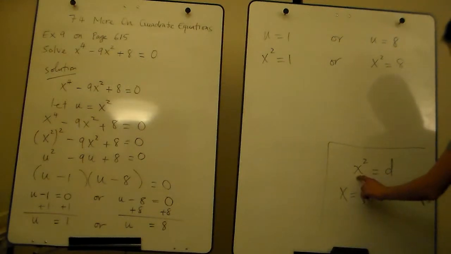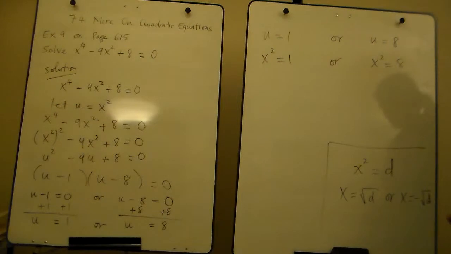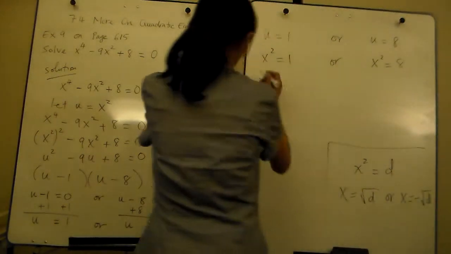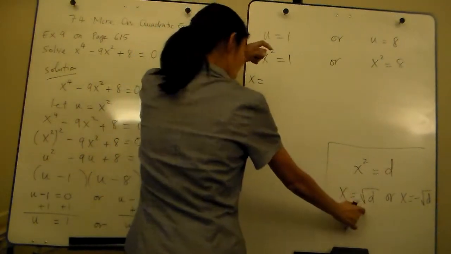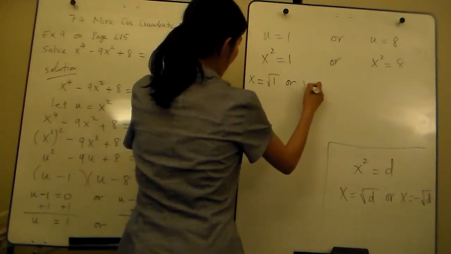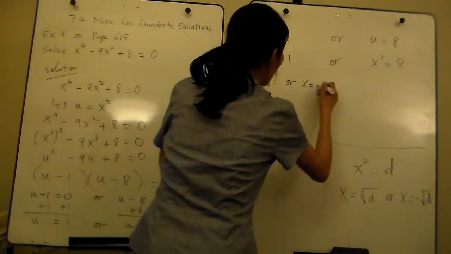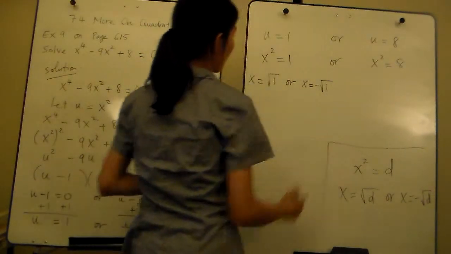What we got here is x squared equal to some constant, and here also x squared equal to some constant. Using the principle of square root, the solution of this is x equals square root of d, so square root of 1, or x equals negative square root of 1.